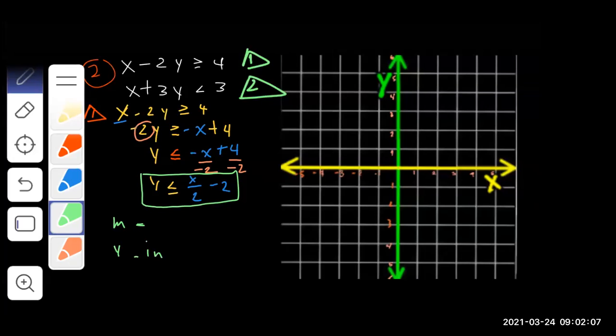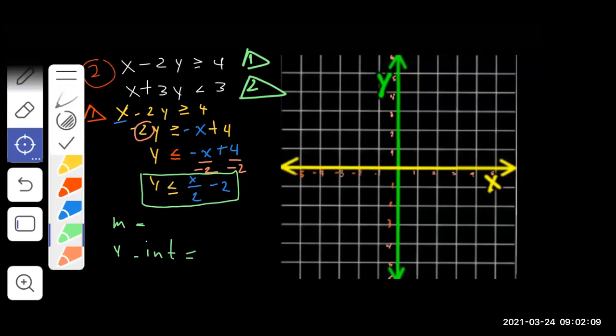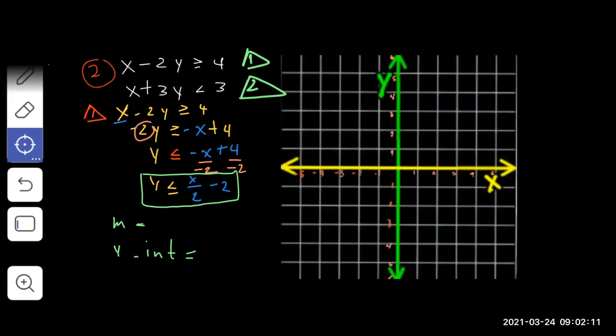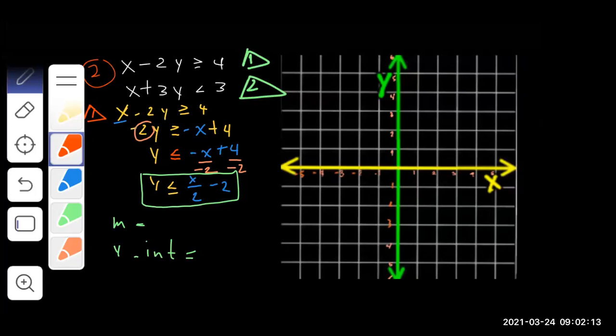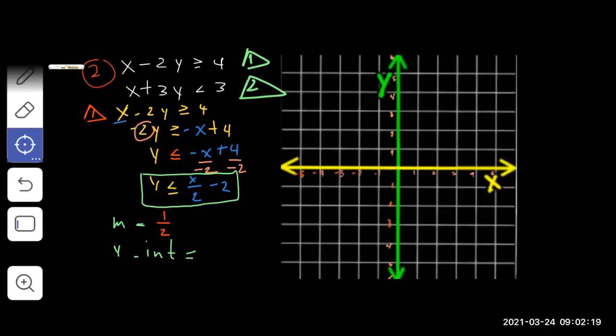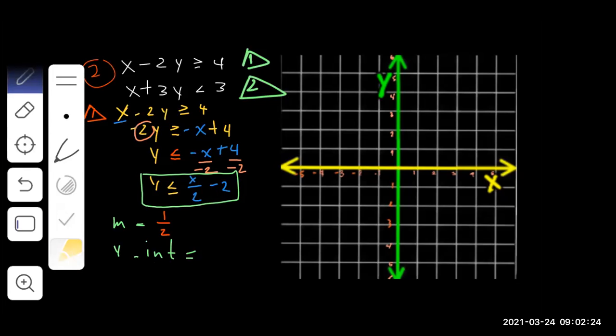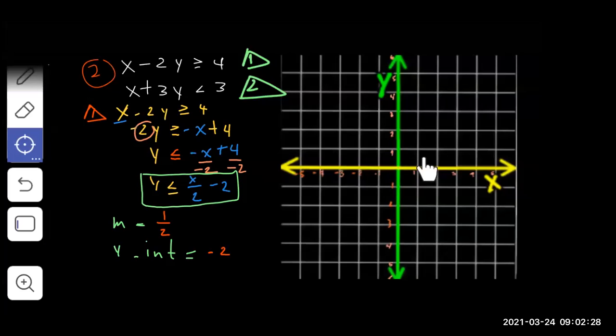Can someone give me a hand? What is the slope in this inequality? What number do we have up with the x? 1. And what number do we have in the denominator? 2. Then what is the y-intercept? What is the number alone here, the constant term? -2. With this information, we can graph this.